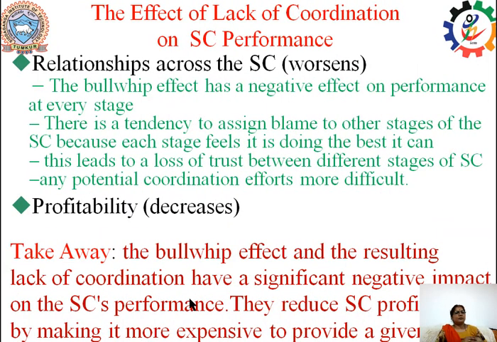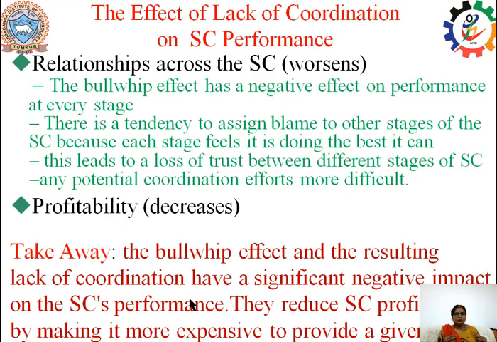Because of all this, relationships worsen. How does it happen? There will be a negative effect on performance, and when there is failure, everybody will go for brainstorming. The higher authorities order brainstorming, finding out the root causes and all. Then people start a blame game.